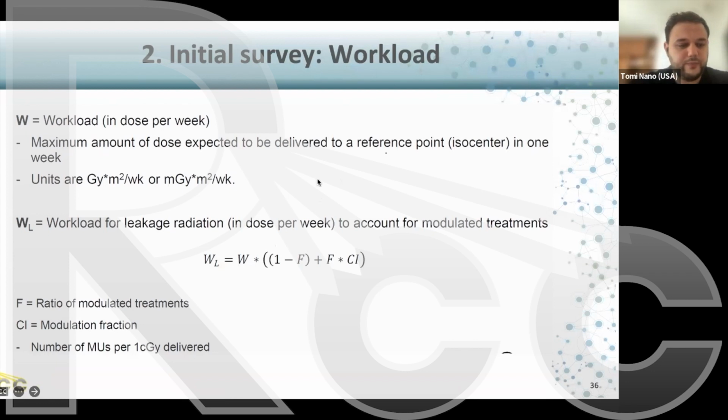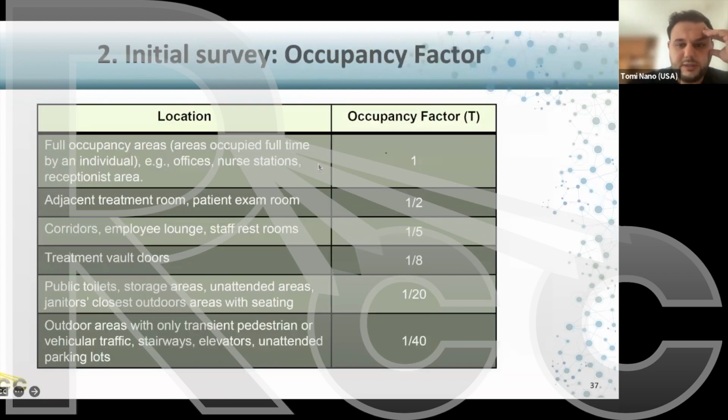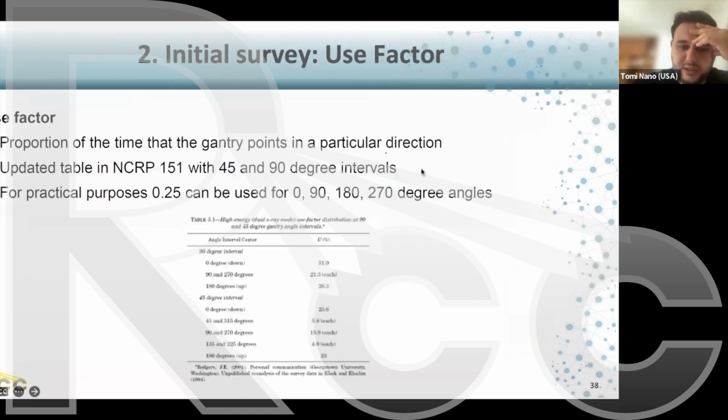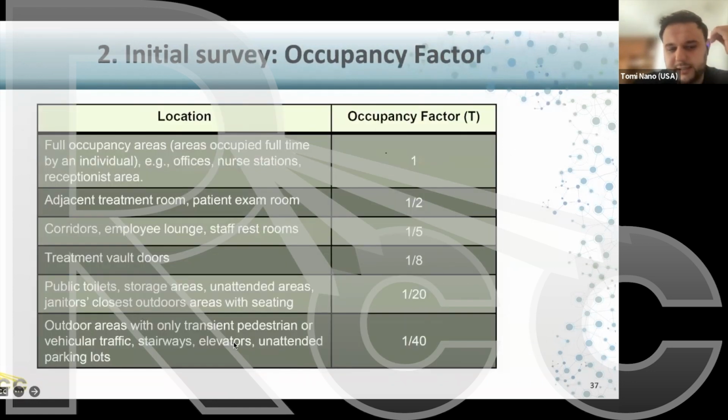It's given here. Just to keep things moving, occupancy factor refers to, for that particular area, how long a particular nuclear worker or somebody from the public is expected to stay there. So for something like offices or nurses stations, that factor is unity, because we're assuming that there's always going to be somebody there. For things like storage areas and outdoor areas, that decreases.